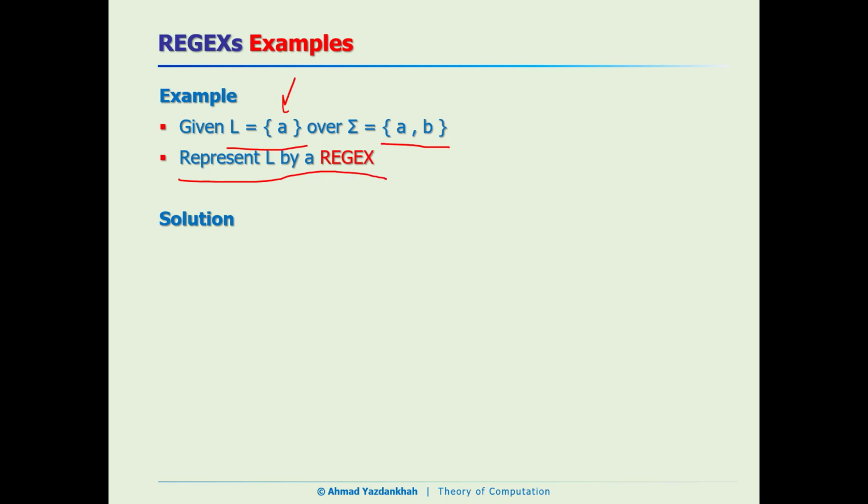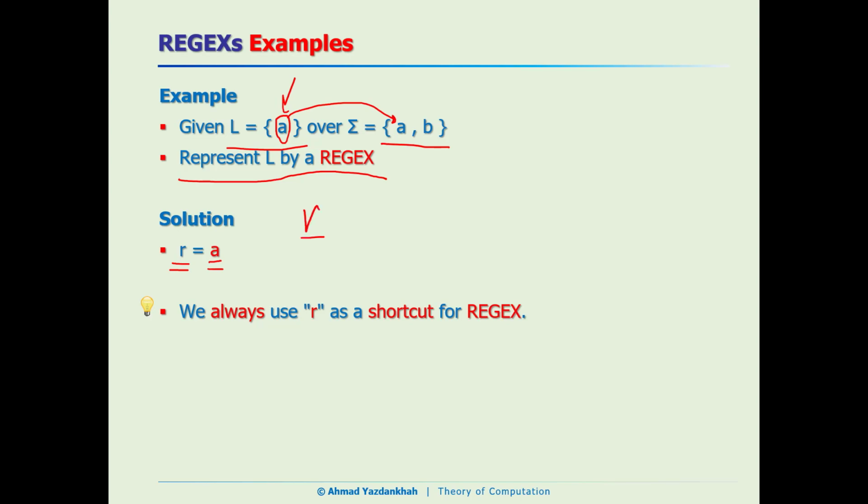Since this is just one simple string that happens to be exactly equivalent to one of the alphabet symbols, its regex will be so simple. R equals a. And please note that we always use the lowercase r to represent the regex. In fact, lowercase r is a shortcut for regexes.